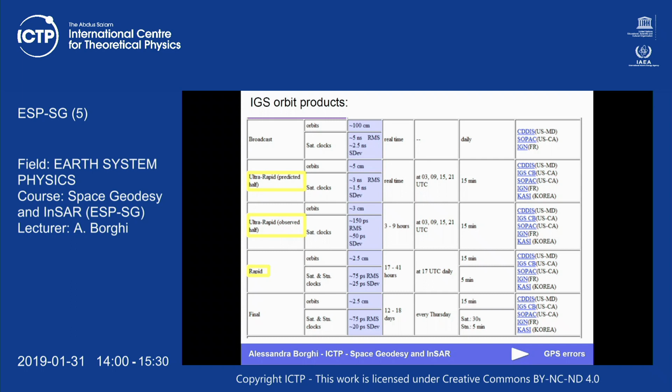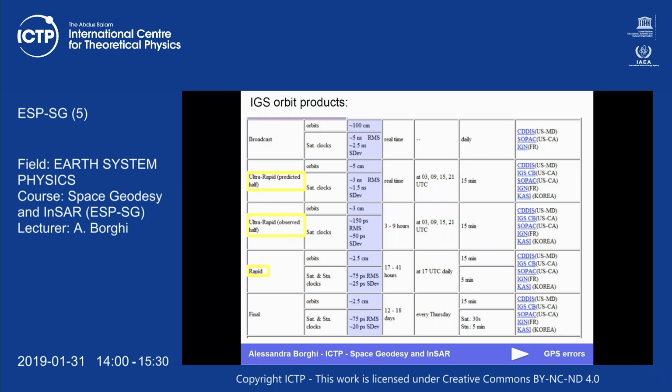So for some physical applications, like seismic tectonic studies or studies related to the seismic cycle, for instance, of a fault, it's not so important to have a real-time solution.